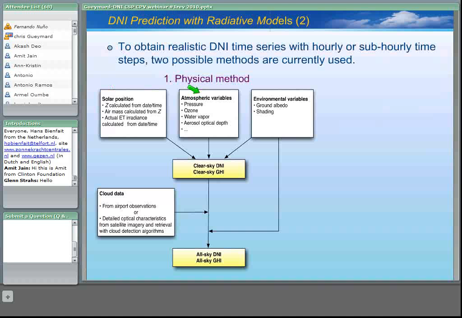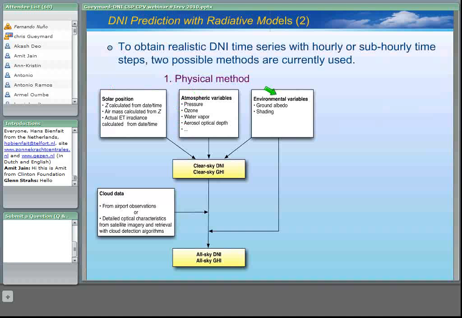Now we also need to get some atmospheric data for the input data to the models, and those atmospheric variables are essentially pressure, which is related also to altitude, ozone, water vapor, aerosol optical depth, and a few other things. And those are the variables that affect the clear sky irradiance and DNI more specifically.